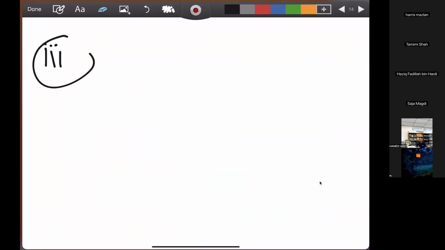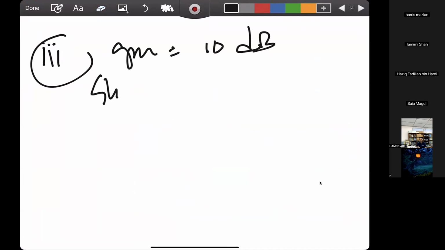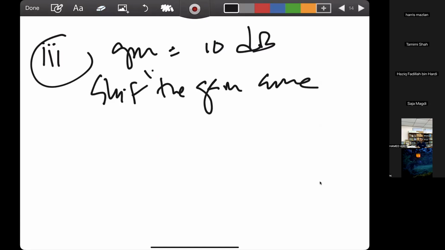Gain margin 10 decibel. Okay, so you have to shift up the gain curve by 10 decibel.